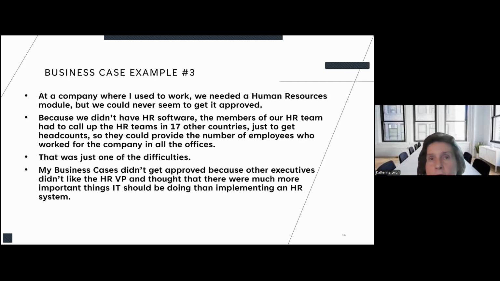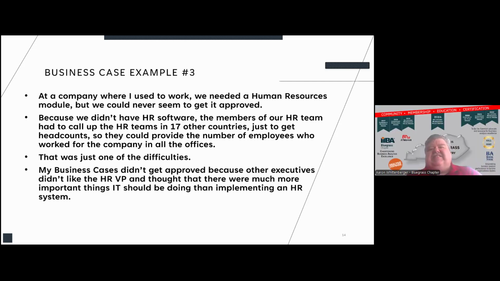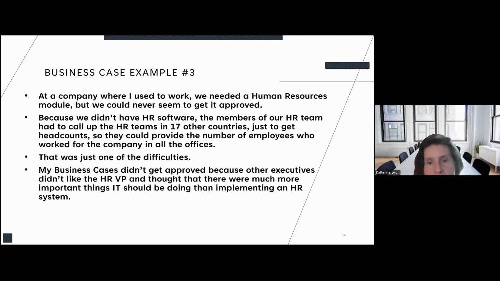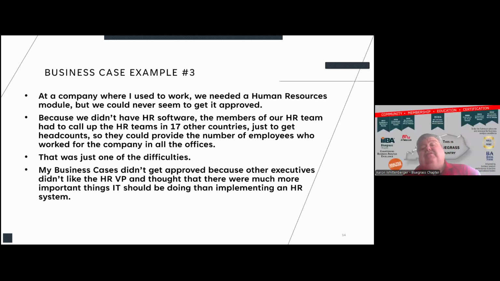I would do that before you completely give up. So you're saying have data behind your argument. Yes, absolutely. If you just go to a director or executive and say, I think this is the better solution, and he or she says, well, I think this is the way to go, guess who's going to win?